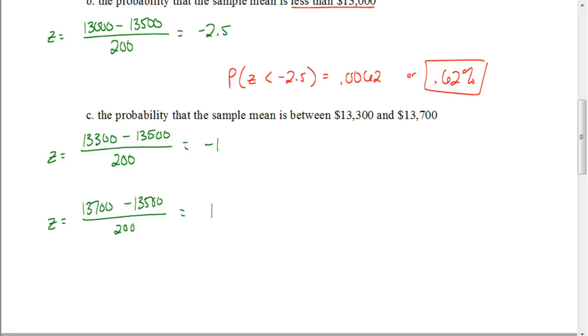Now we should be able to figure this out without using the table, because remember from the very first lesson in this chapter, we said that when you're dealing with data within 1 standard deviation of the mean, you're dealing with about 68% of your data. So the probability that the sample mean is between 13,300 and 13,700, since that's within 1 standard deviation of our mean, is about 68%.